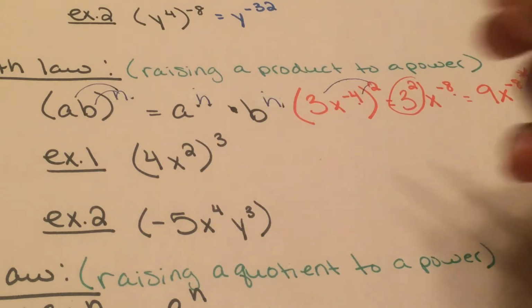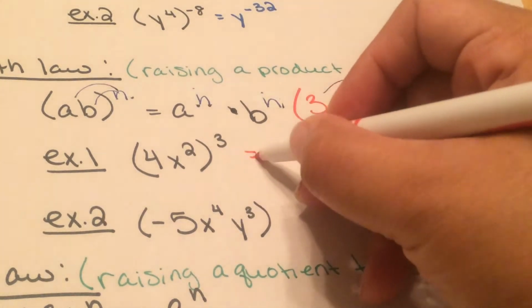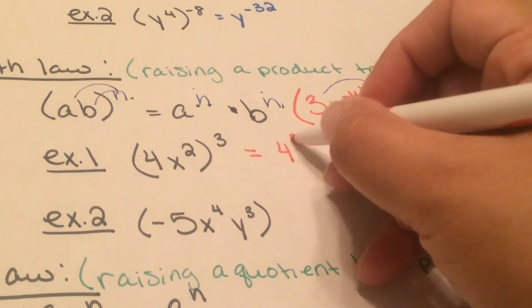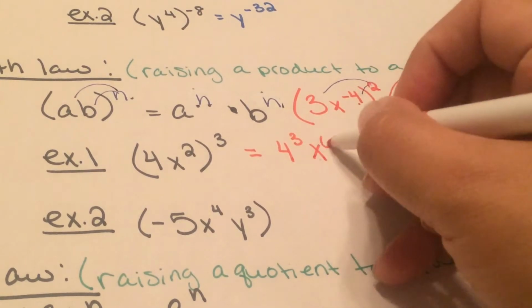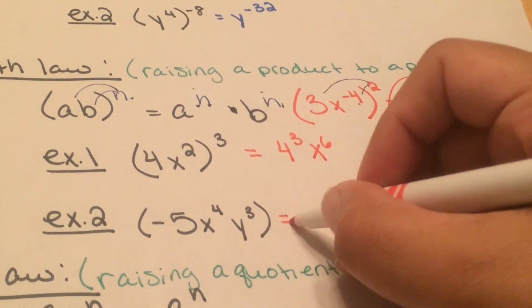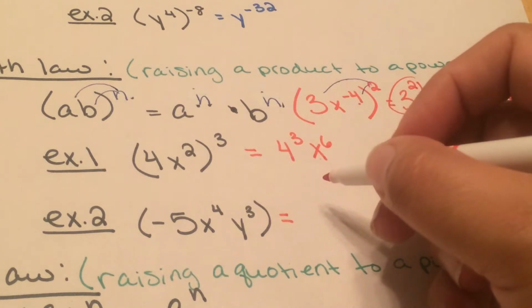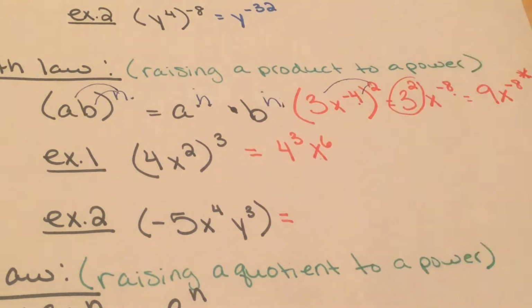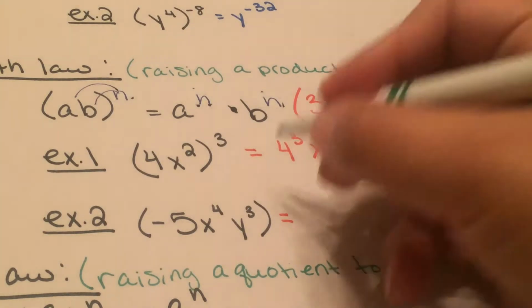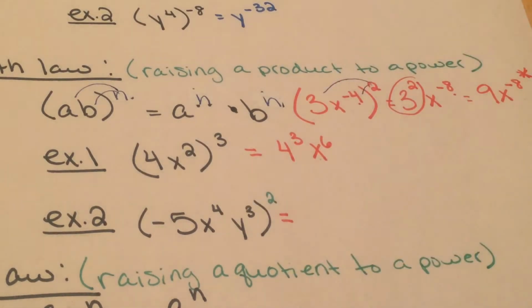Pause the video. Hopefully you got 4 to the third power, x to the sixth for example 1, and oh, there was no exponent there for example 2. Oops, sorry. Let's put one right there now. What if we have a 2? Perfect.